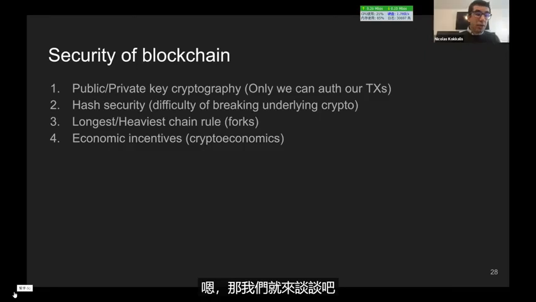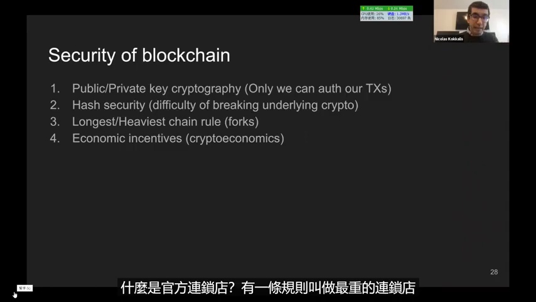Then we're going to talk about how difficult it is to actually break the underlying crypto, the hashing functions, the public-private key cryptography, etc. And then we're going to see what Bitcoin is doing in terms of how it recognizes what is the official chain.